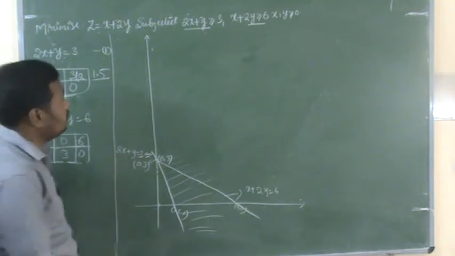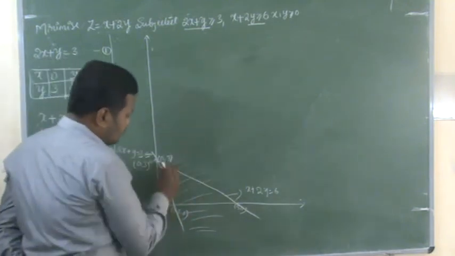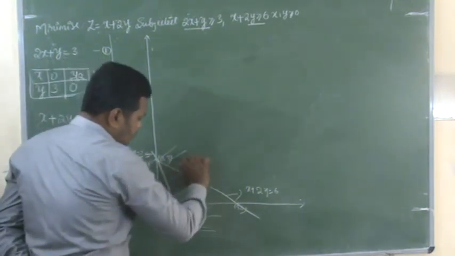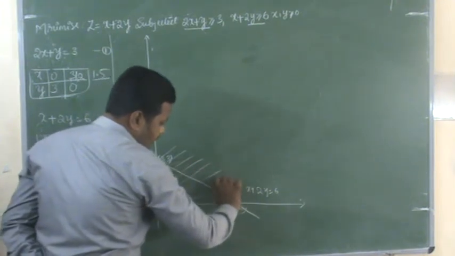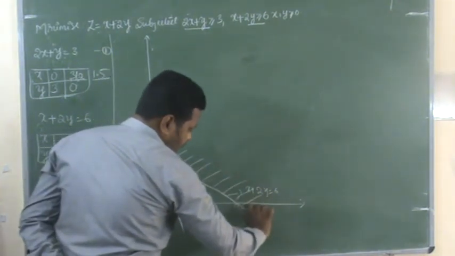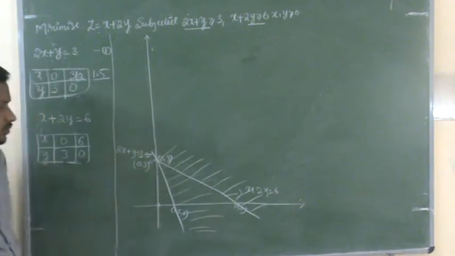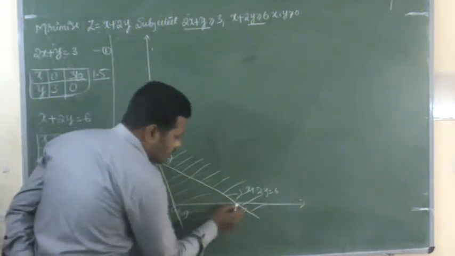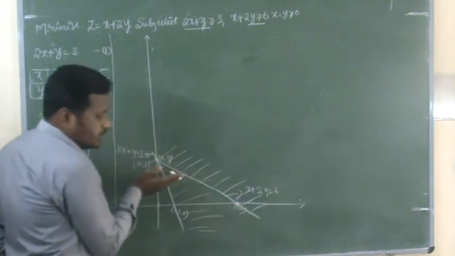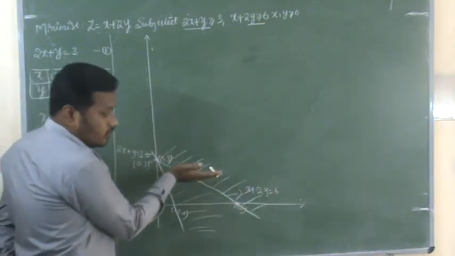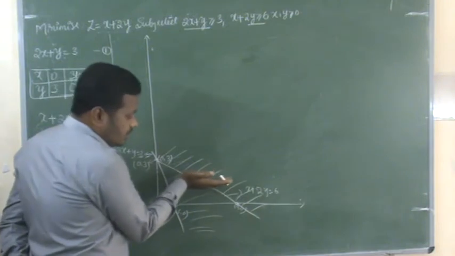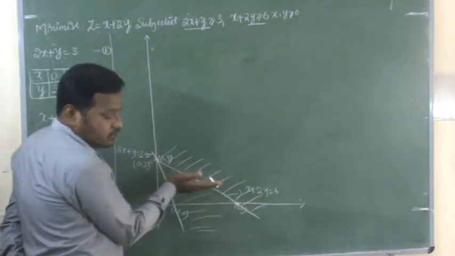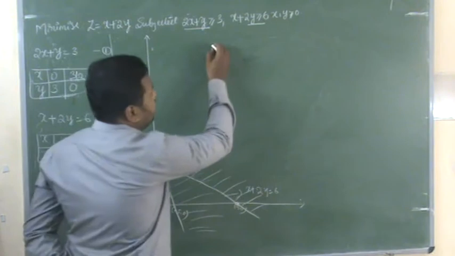For the second equation also, the shaded part of the region is the upper side. Now here the region is not a bounded feasible region. This is an unbounded region. Why? Because there is no boundary on the region. Now we take the corner points.